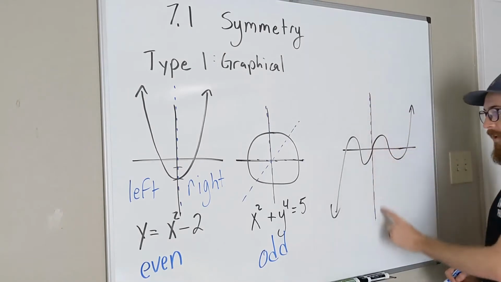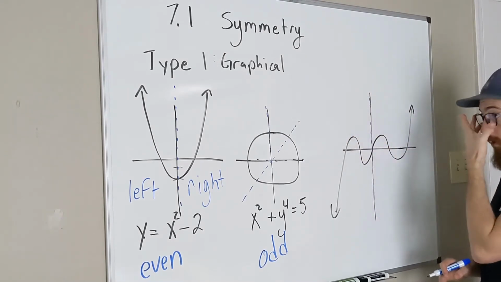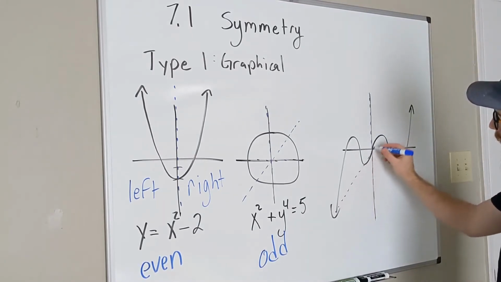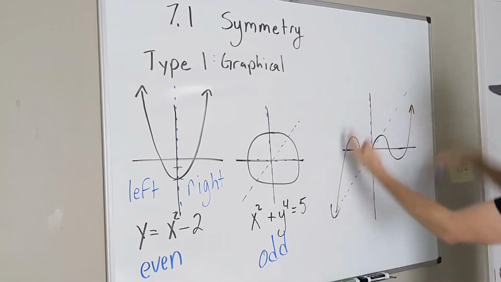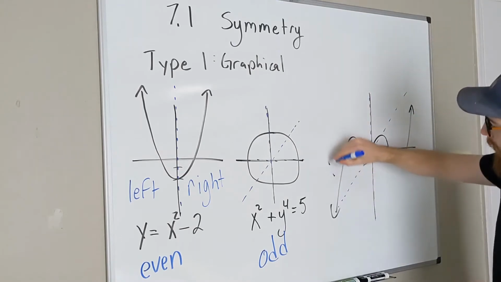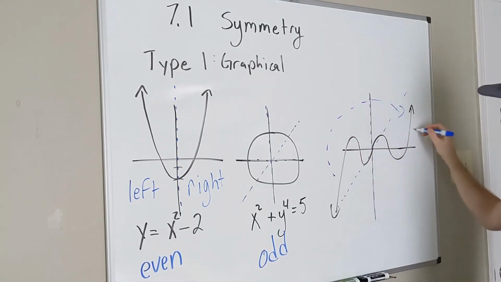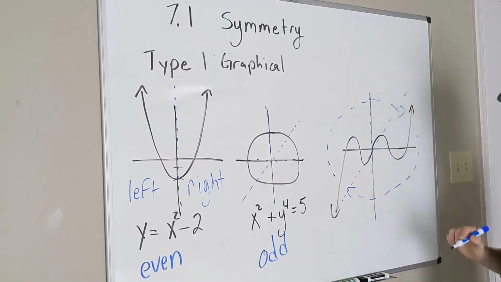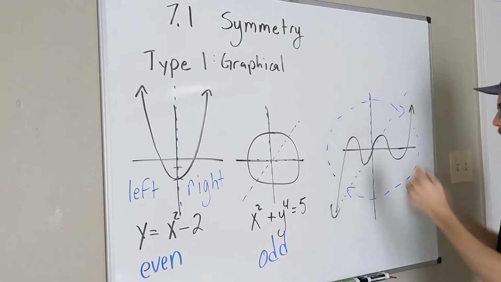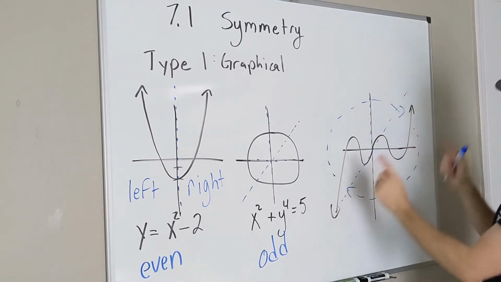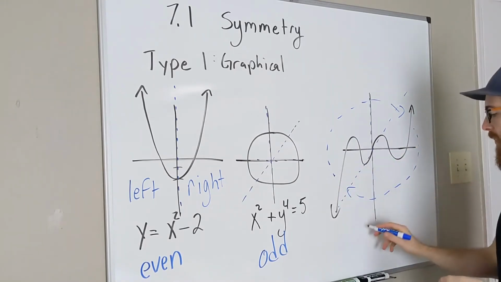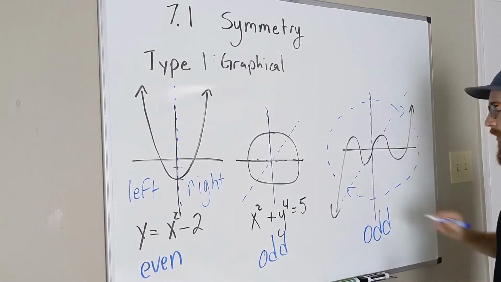And when I take the things here, is it the same on the left and the right? No, it's not. So now I'm going to look at the origin. If I rotated it about the origin, would this rotate up to this, and would this rotate down to that? So in other words, if I flip twice, does it give me the same thing on both sides? And the answer in this case is yes. And so this is an odd function.